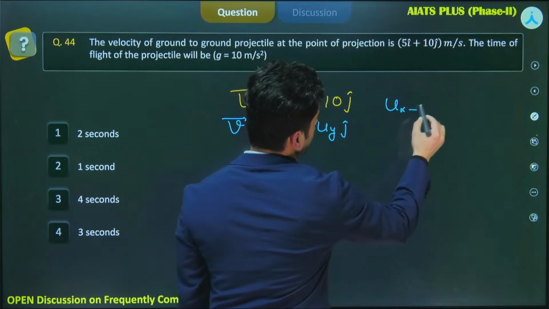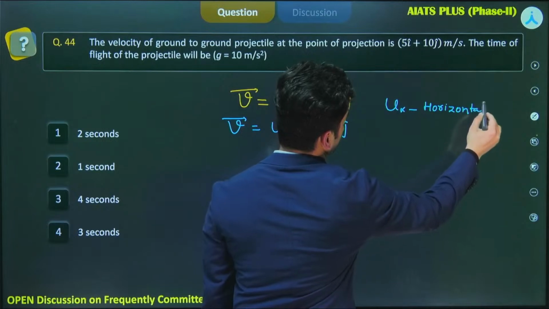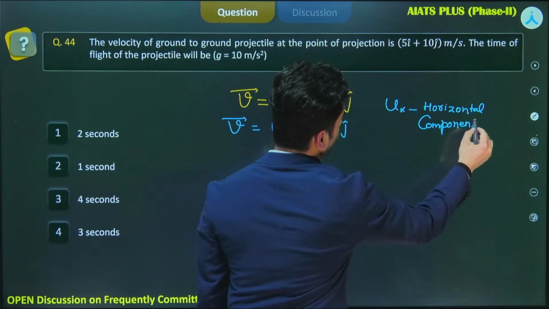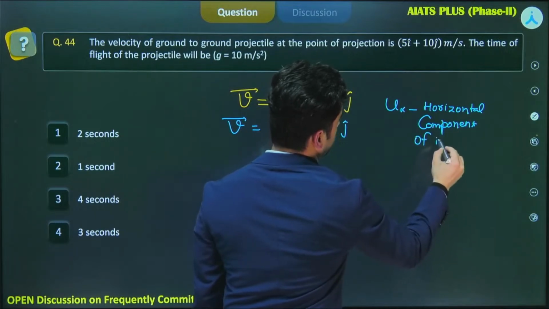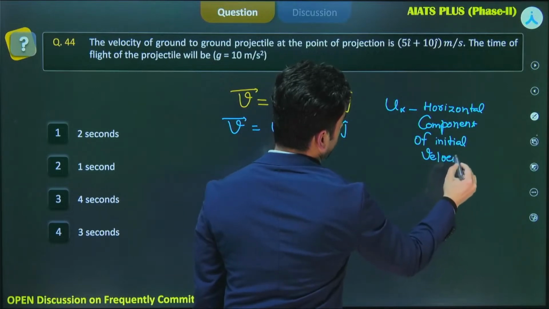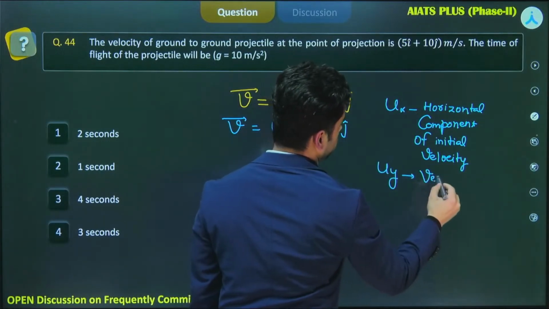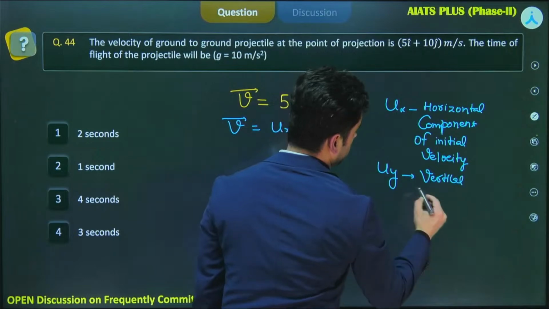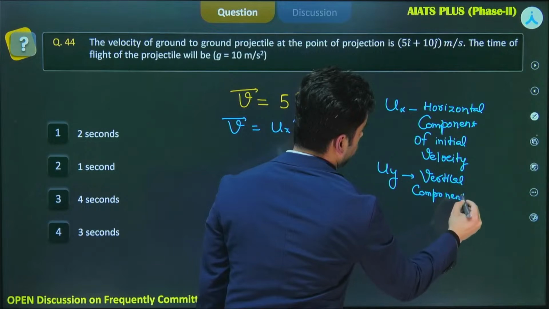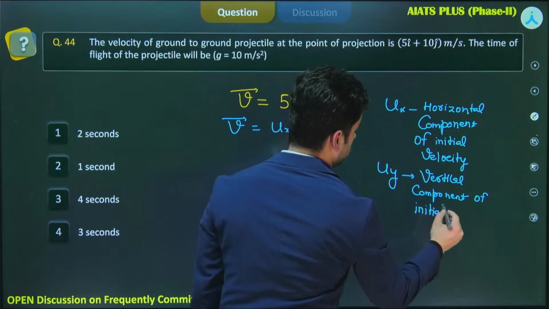Ux is horizontal component of initial velocity, and what is uy? Vertical component of initial velocity.